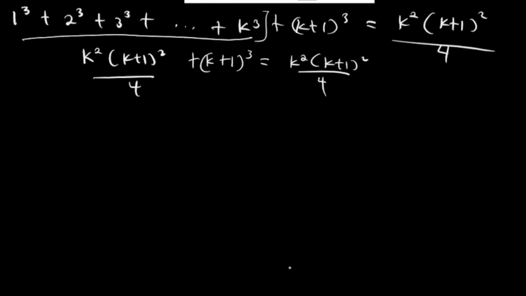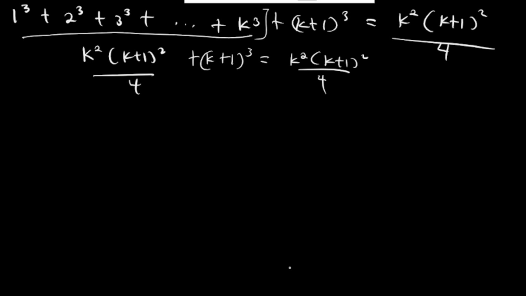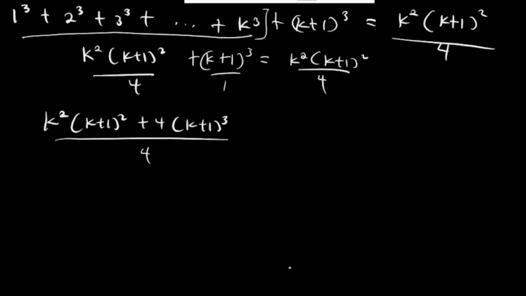So let's see. So at this point, you realize that we have to just show that this side is equal to this side. And to show that it's simple. From algebraic expression, you multiply this by this, you divide. So I'm going to get k squared multiplying k plus 1 all squared plus 4 multiplying k plus 1 all cubed. That is this side cross multiplying for this over 1 all over 4, right?